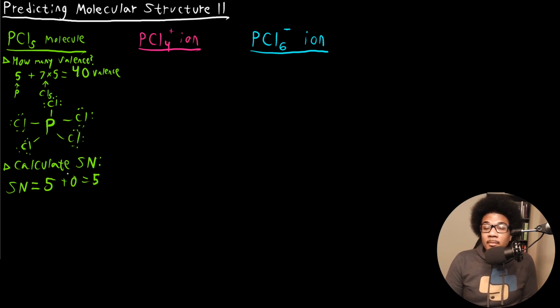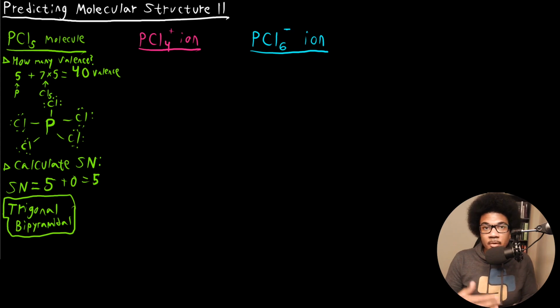A steric number of 5 with no lone pairs gives us a trigonal bipyramidal geometry from VSEPR theory. You can find tables for this online, and I've shown the table for VSEPR theory geometries in the previous 2 videos.